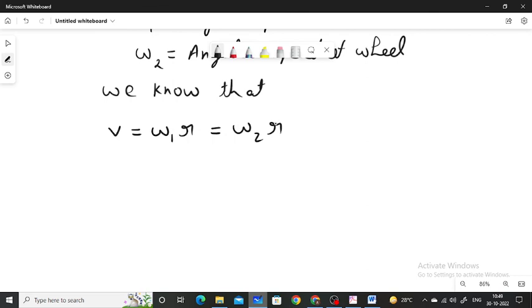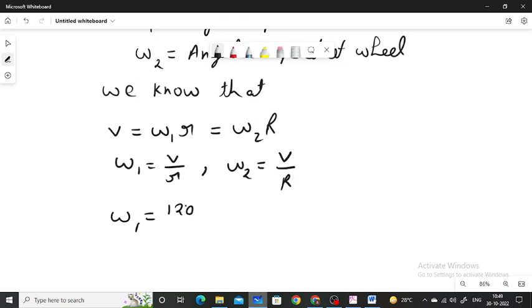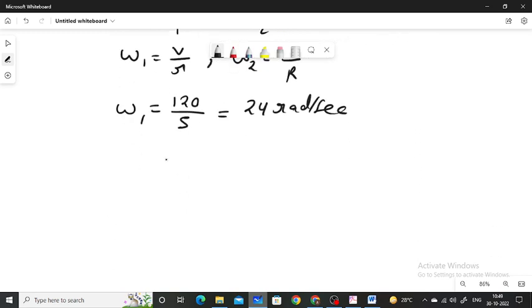So omega 1 into r equal to omega 2 into R. From here omega 1 is equal to v by small r and omega 2 will be equal to the v upon capital R. So omega 1 will be equal to the speed is 120, radius is 5, so velocity will be 24 radian per second, and omega 2 will be equal to the 120 upon 10.